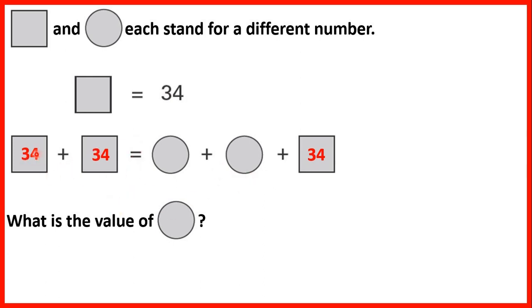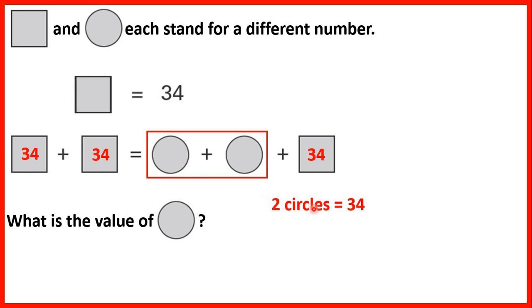So on this side, we have 34 plus 34, so 68, and then on this side, we have 2 circles plus 34, so that has to total 68 as well. So we know that the 2 circles must be 34 altogether, because 34 plus 34 is 68, giving us the same on both sides.